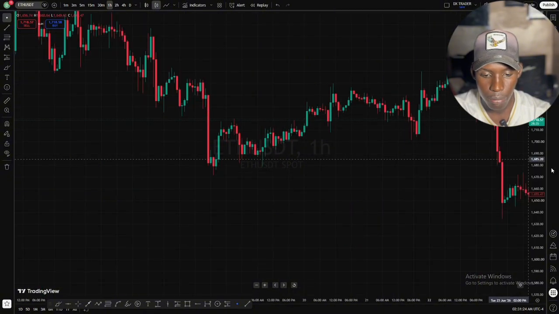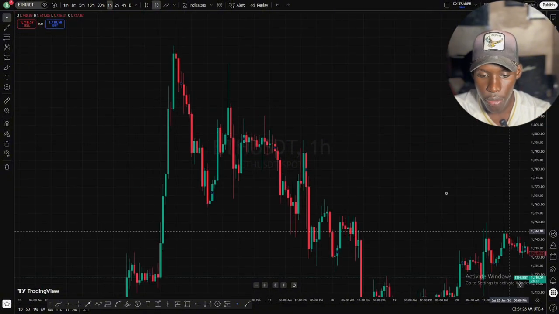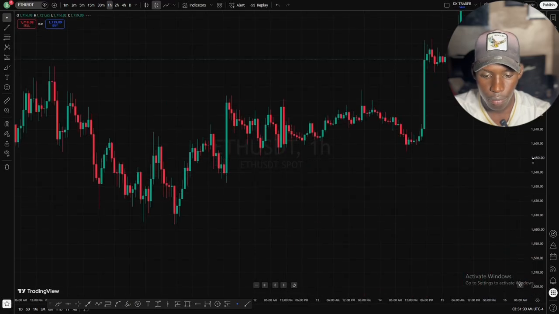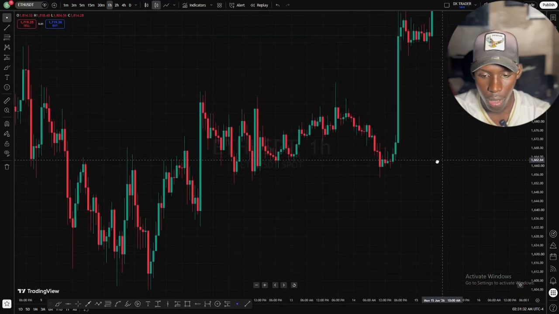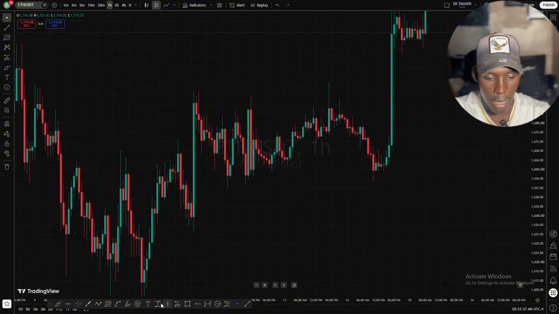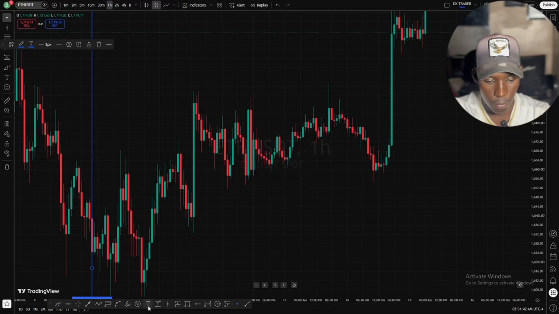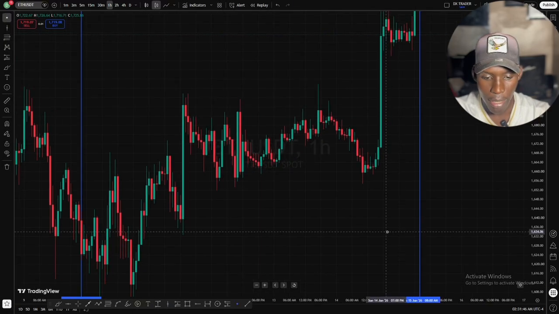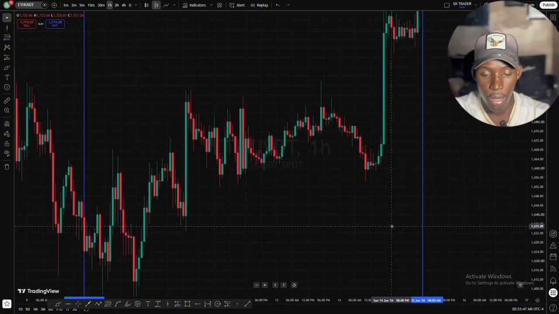Now this is Ethereum, and what we can view from the chart of Ethereum, we can basically spot an uptrend from this move here, because if you can see from this blue line here up to this blue line here, up to this blue line here, you're going to see that the market is literally going higher more than you expected.